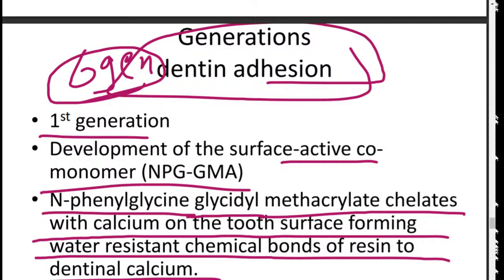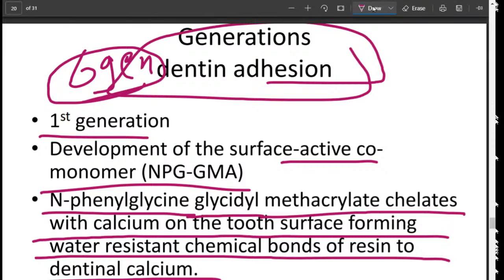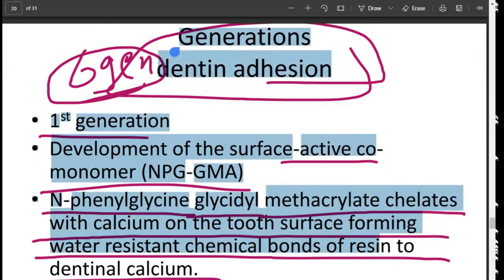Bonding strength ranged from 2 millipascal to 3 millipascal, which is very low for clinical results and undercuts. This is the first generation, which is not widely used, but it was used in the early days of inventing the resin or the adhesion.